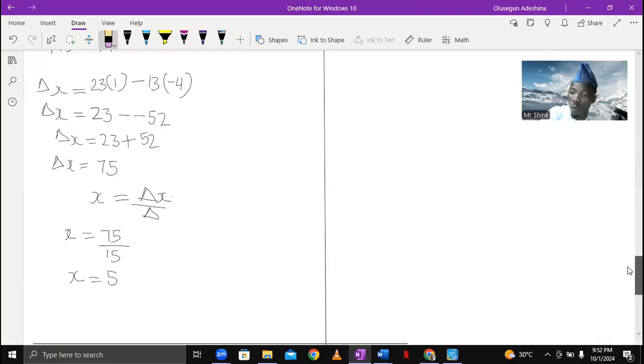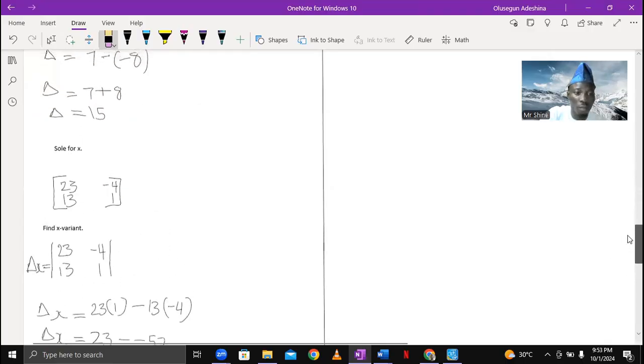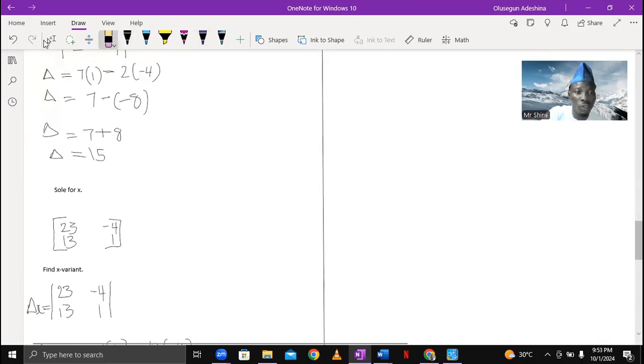Now we're going to look for y using the same method. The same method we used in solving for x is going to be used in solving for y. So what's the first thing again? The first thing is to draw the matrix symbol.